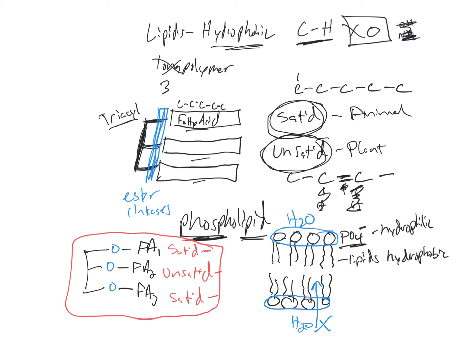So that wraps up pretty much everything for lipids, aside from the stuff that we'll talk about in class. One more thing belongs under the lipid category, and those are called steroids. Not going to get into steroids too much here, but the thing to remember is they have a 4-ring structure.